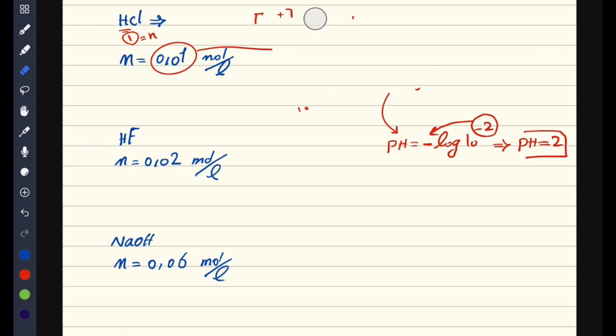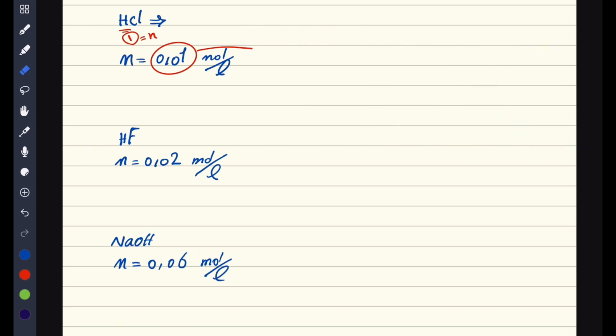Okay, let's go to the next question. For this question, we first get the proton concentration, which is equal to 2 times 10 to the negative power of 2.